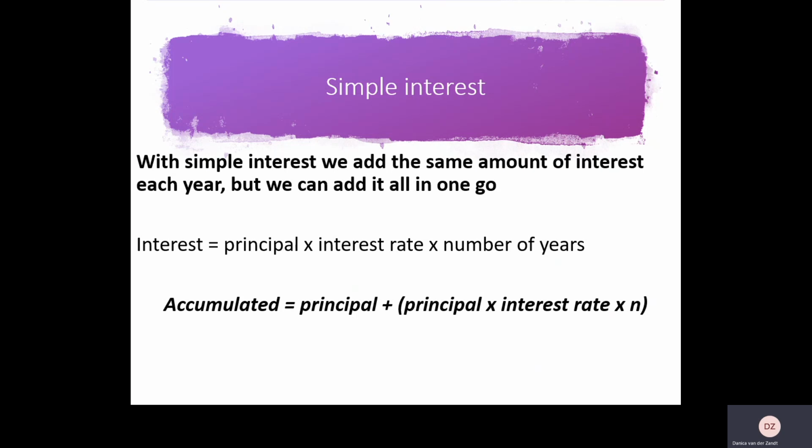And once again, this bracketed part tells me my total interest that I will have to pay. So it's still my interest, but now it's going to be the total interest over all those years.